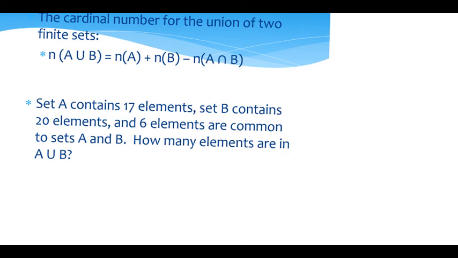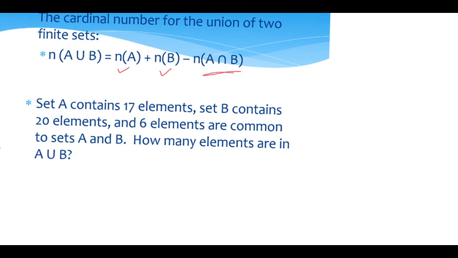All right, so here we are finding the cardinal number for the union between two finite sets. And finite just means that the sets end. It's not something that goes on forever. And what you do to find the number of elements together in the union between A and B is you add the cardinal number of A plus the cardinal number of B, but then you minus the intersection.